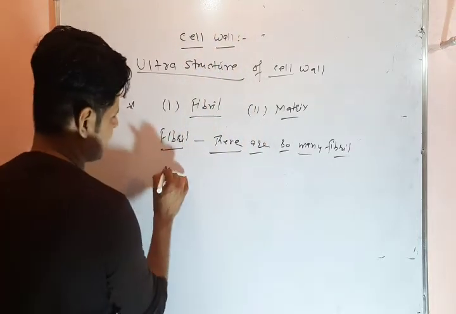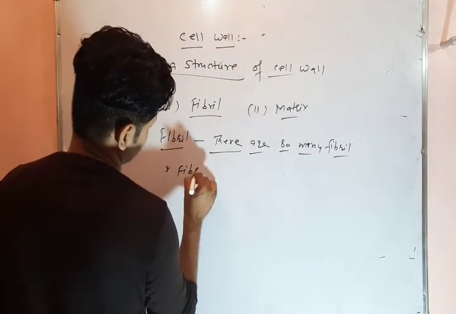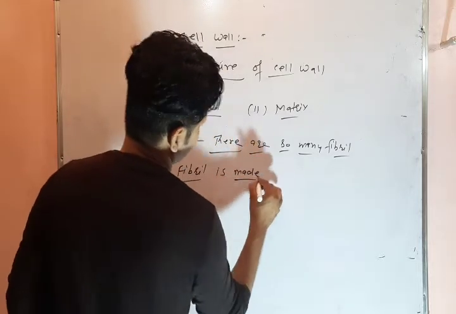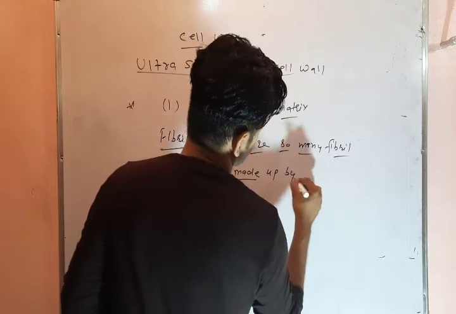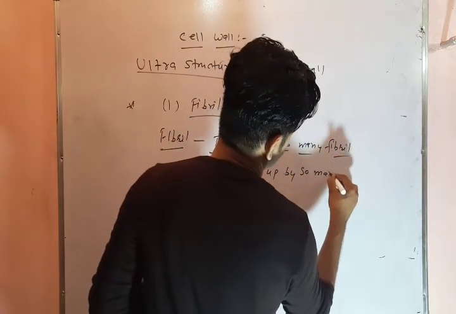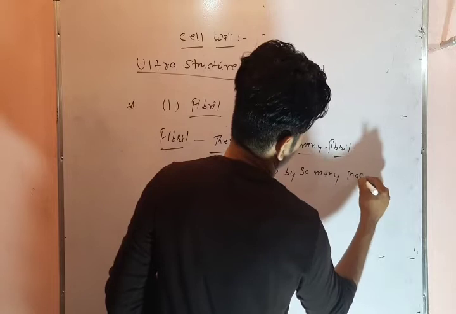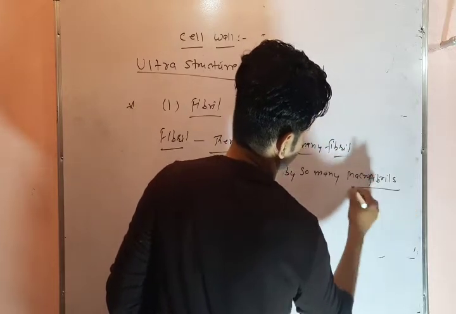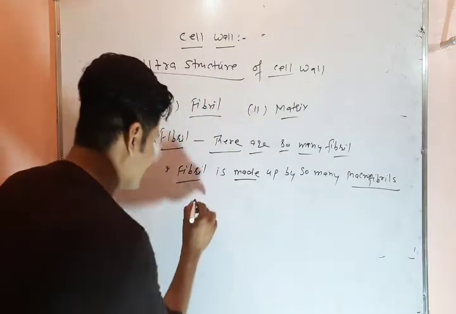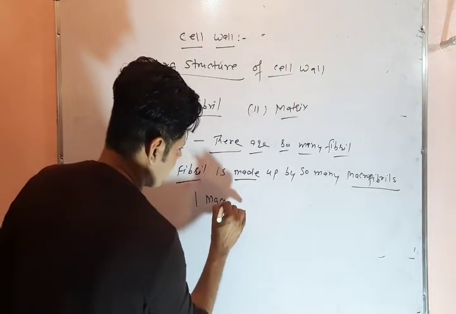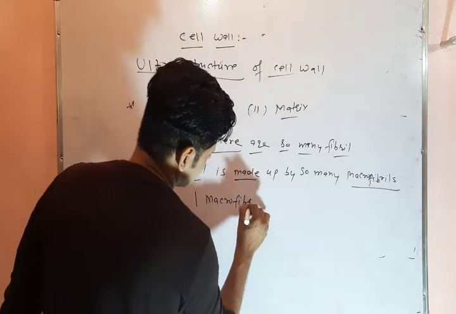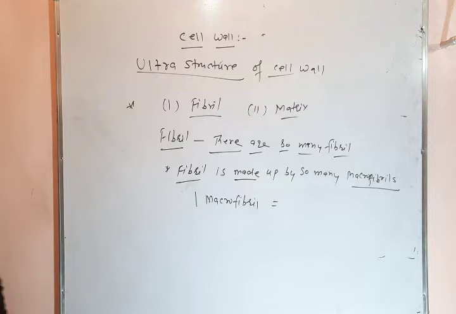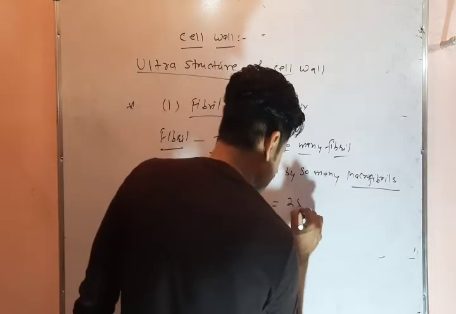So we can write that a fibril is made up of so many macrofibrils. And one macrofibril is composed of 250 microfibrils.